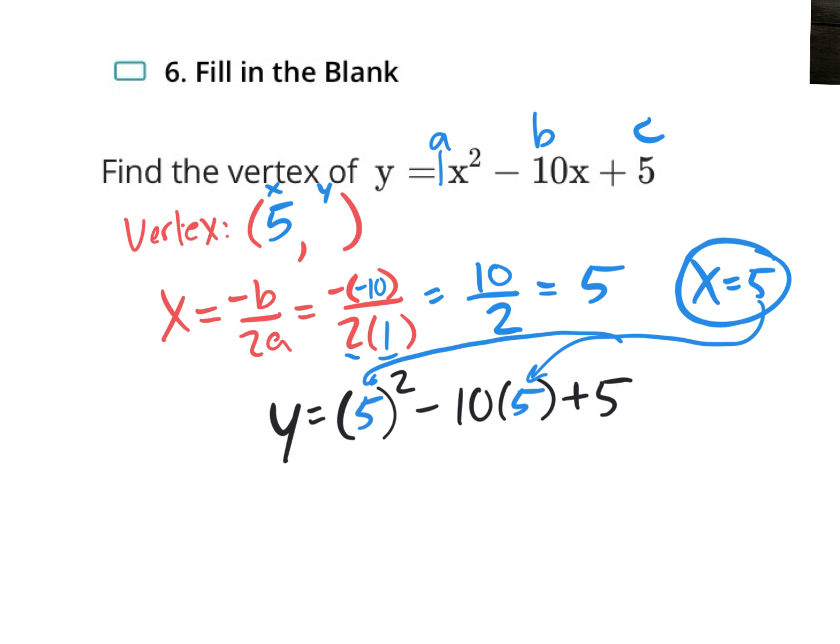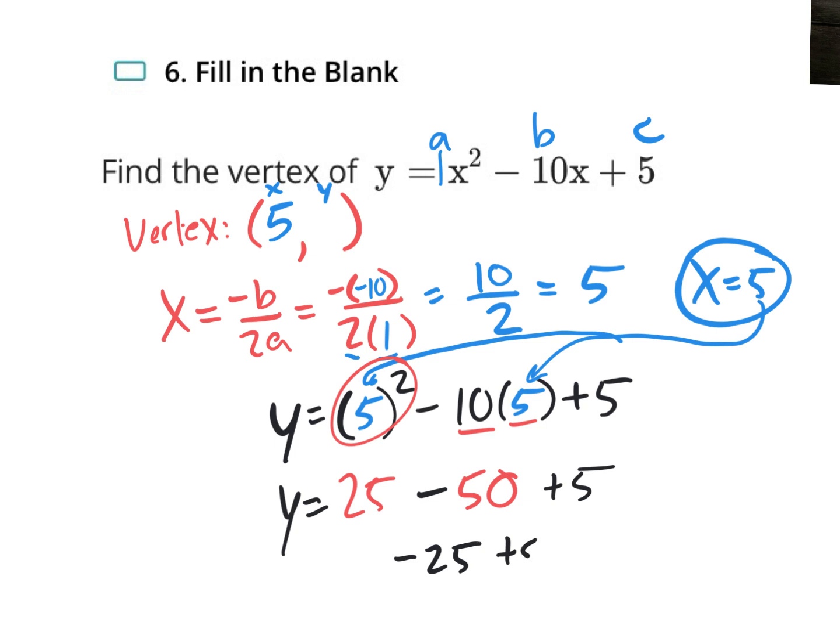Or you could follow PEMDAS: 5 squared is 25, 10 times 5 is 50, and of course there's a minus sign right in front of it. And the plus 5, you could bring that down. So now you really have y equals 25 take away 50. That'd be a negative 25. And then bring down the plus 5. That means that y equals negative 20.